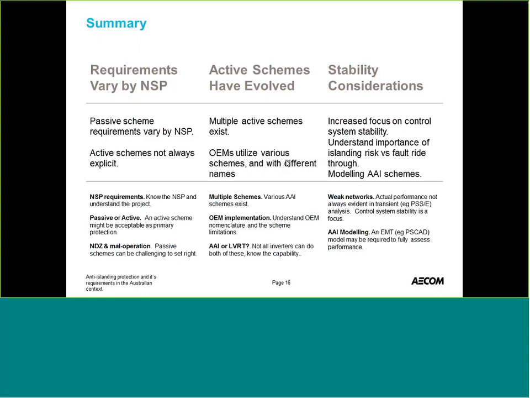The key thing, I think, is to know what the NSP requires early in the project, and understanding the active versus passive schemes and getting some comfort around non-detection zones and maloperation. Active schemes have evolved over time. The nomenclature does vary. The OEM implementations are quite different, so it's important to understand the OEM implementation and any limitations, and also what the biggest risk is for the project.